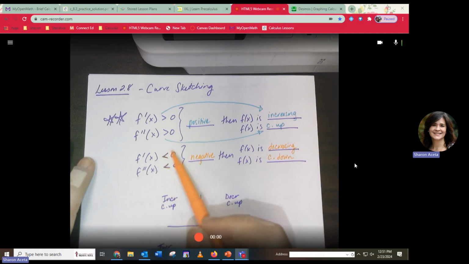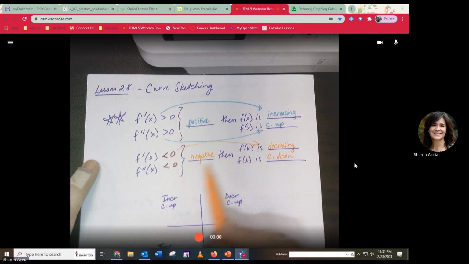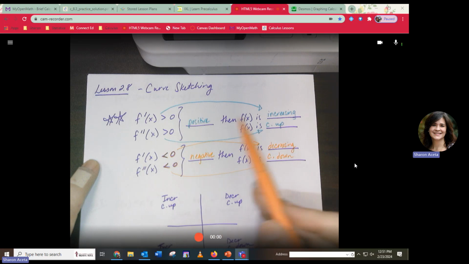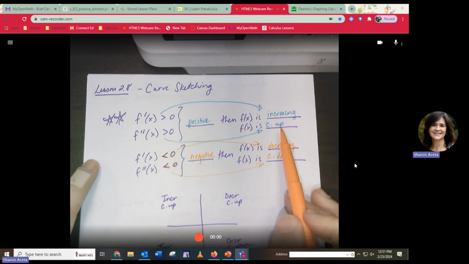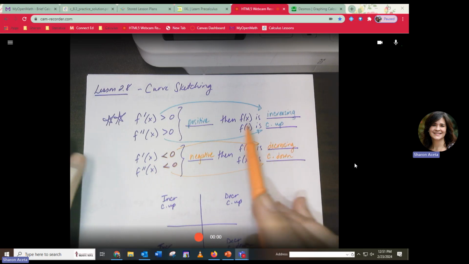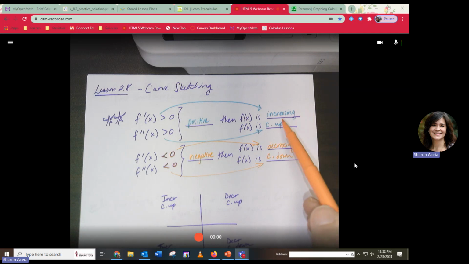And so you need to know this notation. You need to understand what it's saying. First derivative refers to increasing or decreasing. Second derivative refers to concave up or concave down. Positive would obviously mean increasing or concaving up. Negative would mean decreasing, concaving down.